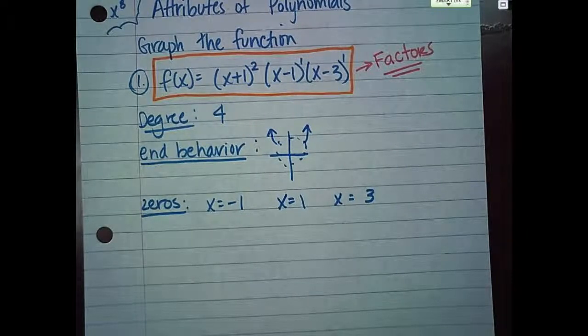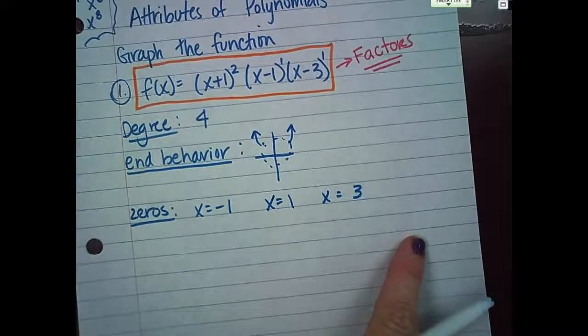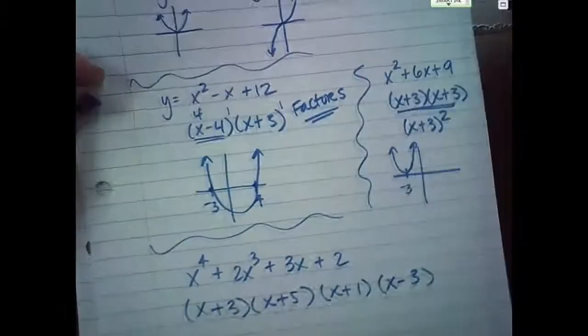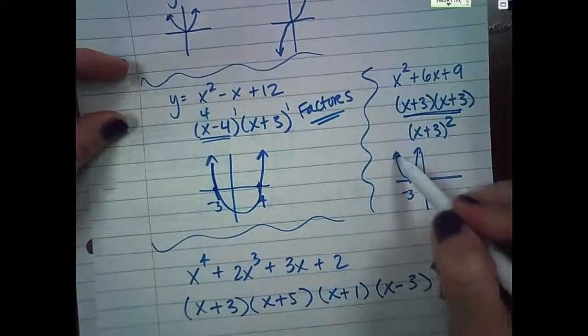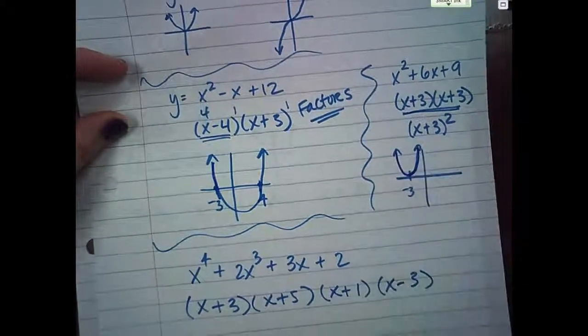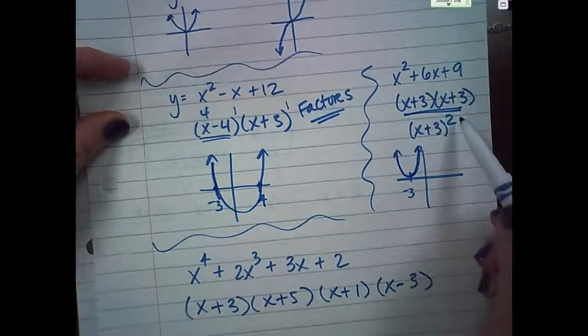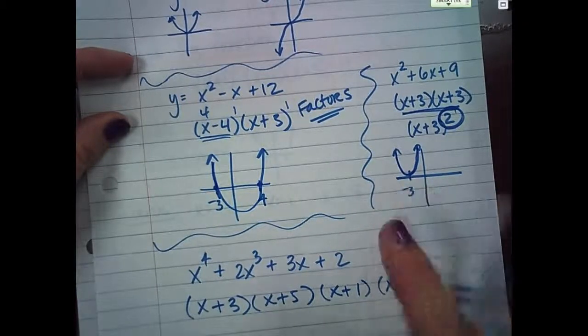Now you have to decide what you're going to do at these stops. Right? Are we going to either A, pass through the stop, or B, touch it and turn? Okay? What decides it? What was the power here? A 2, and I touched and turned, right? What's the power here?